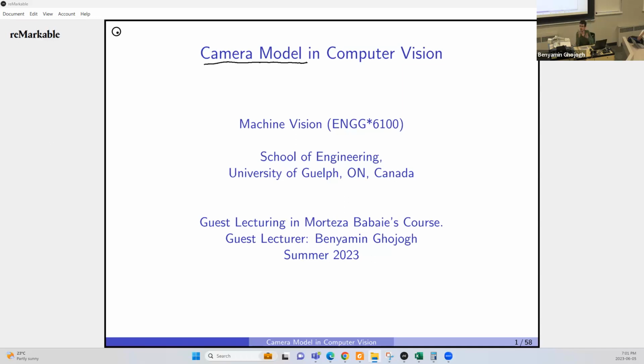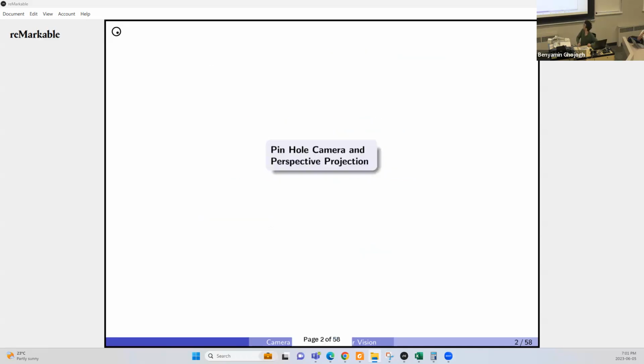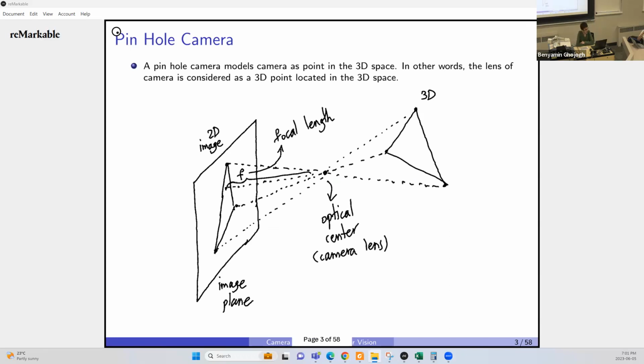Machine vision and computer vision are used interchangeably for the same field of science. First off, let's talk about pinhole camera and perspective projection. By the way, feel free to interrupt me and ask whenever you have questions.